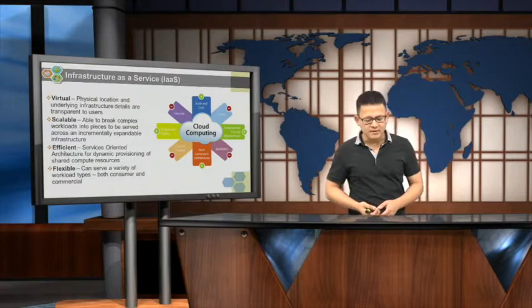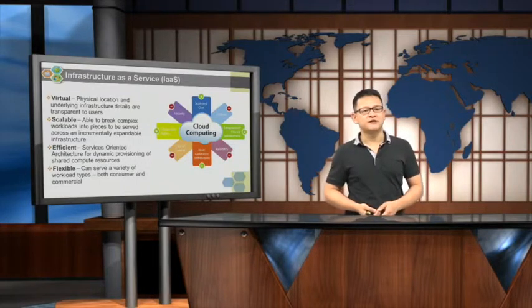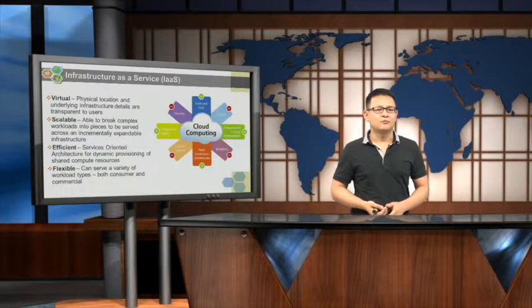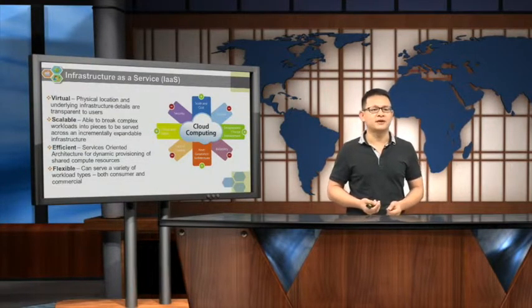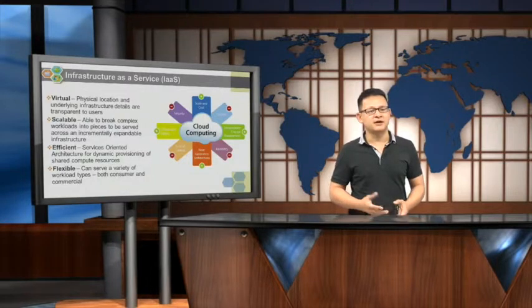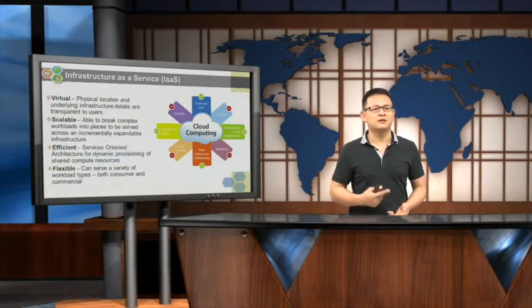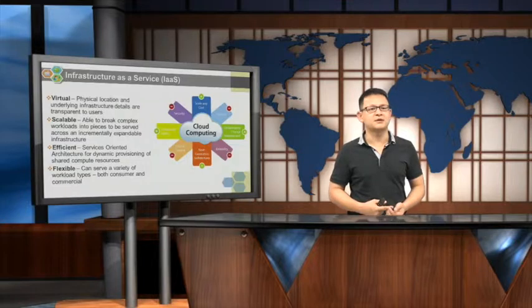The next one is about the efficiency. So the services oriented architecture for dynamic provisioning of shared computer resources. And with this mechanism, your application can be very efficient and it can handle multiple concurrent tasks at the same time.